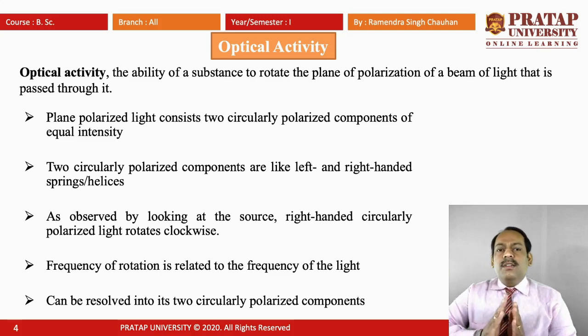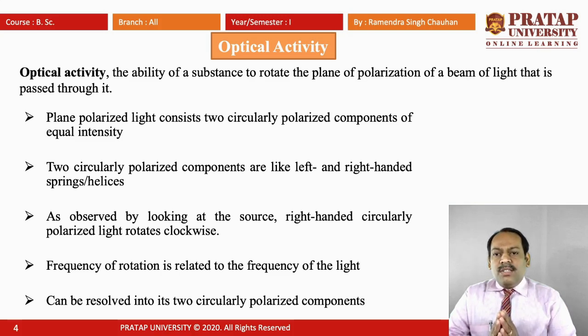One part goes to the left-hand side and the other to the right-hand side, that is, clockwise and anti-clockwise rotation takes place. This PPL passes through the optically active substance, half the part rotating this side and half rotating that side, and because these are chiral compounds, they lack mirror symmetry.